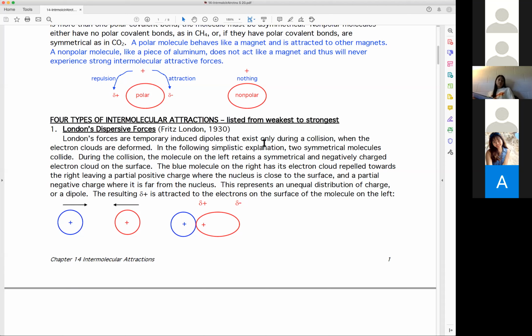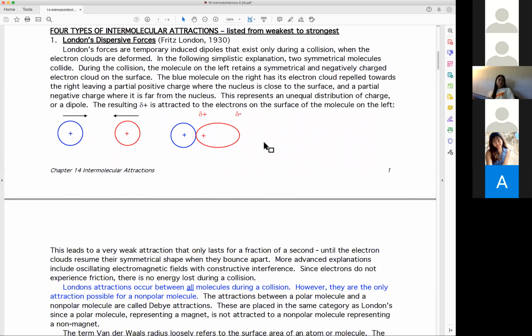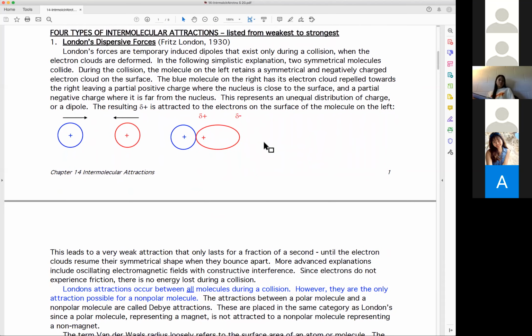Okay. So we'll look at them in terms of the weakest first. So London's dispersion forces are the weakest. These are the only attractive forces that a nonpolar molecule will ever experience.